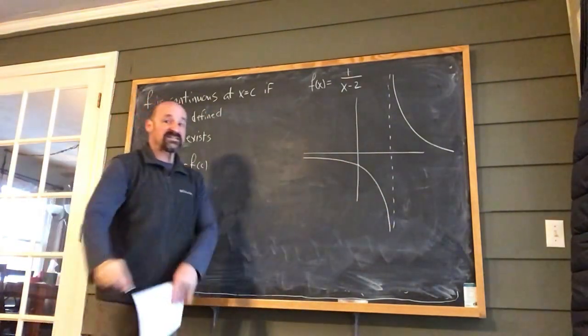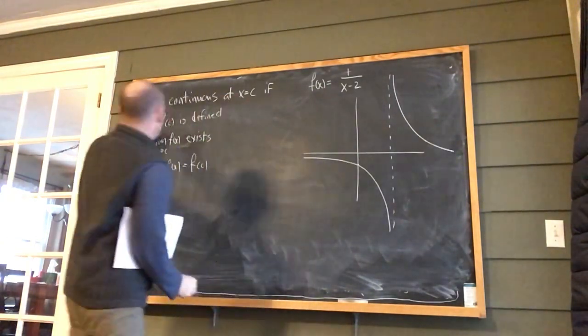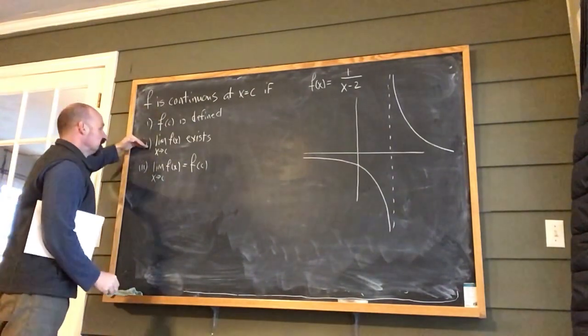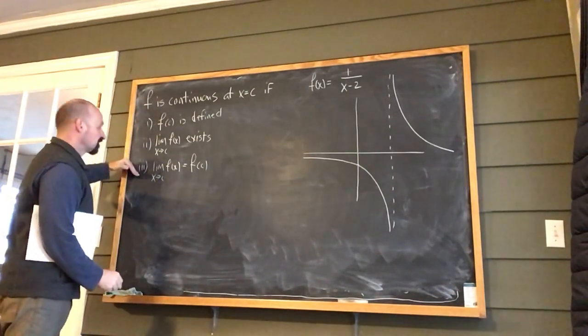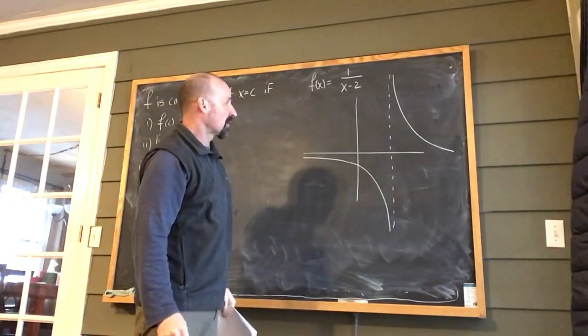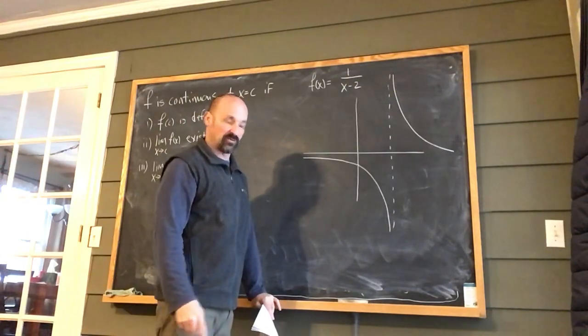So we have a discontinuity at x equal 2. Well, this condition isn't satisfied. This condition is not satisfied. This condition is not. It fails all three of those conditions, right? We say this type of discontinuity is an infinite discontinuity.